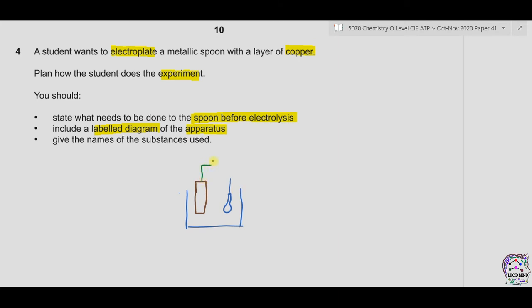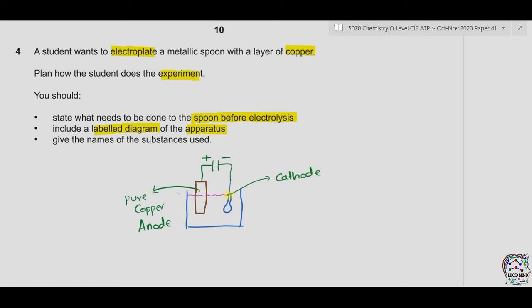Now both electrodes are connected to the terminals of a battery, and you should remember that the pure copper electrode must be connected with the positive terminal of the battery to make it the anode, and the spoon should be connected with the negative terminal of the battery to make it the cathode.